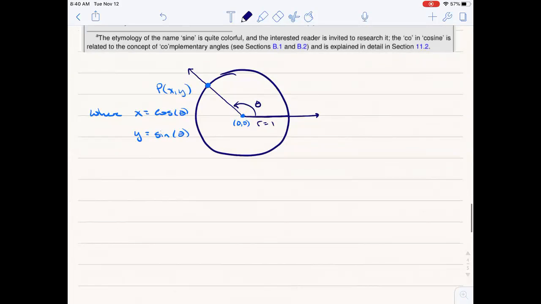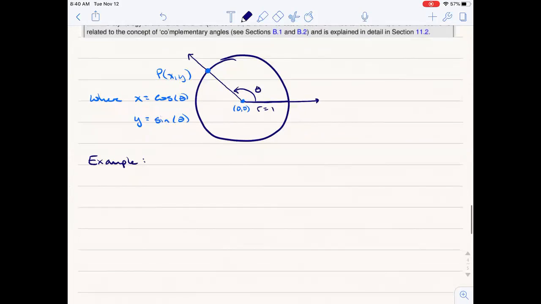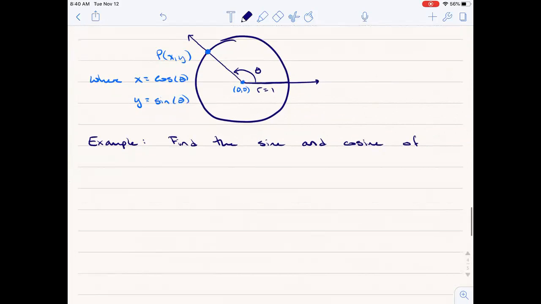Let's do a little example. Find the sine and cosine of theta equals negative pi.